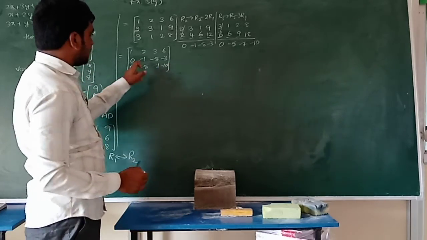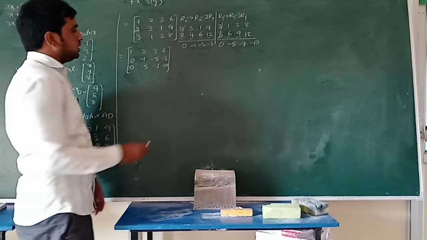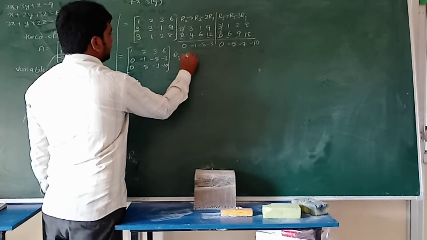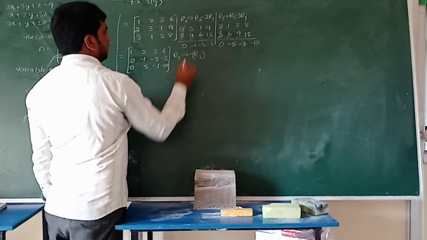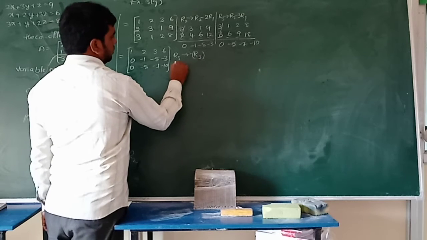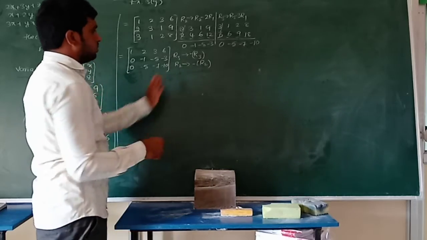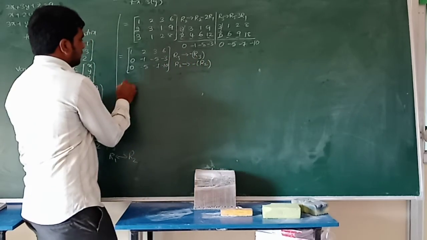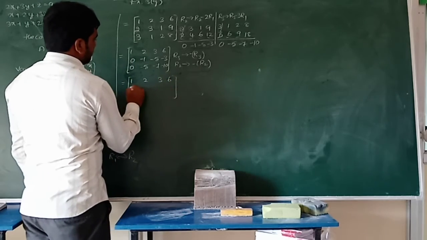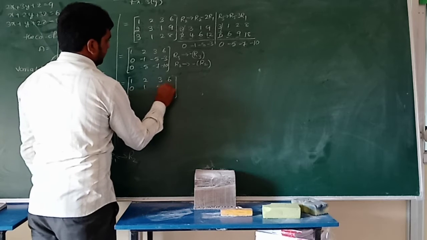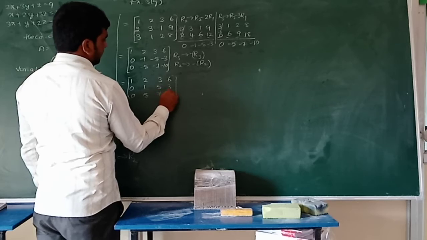Now in R2 and R3 the signs are minus, so R3 changes to minus R3, taking minus common, and R2 changes to minus R2. The minus becomes plus. That is equal to 1 2 3 6, 0 1 5 3, 0 5 7 10.